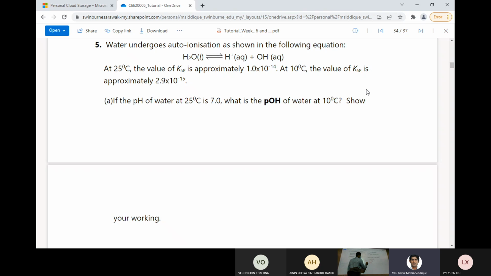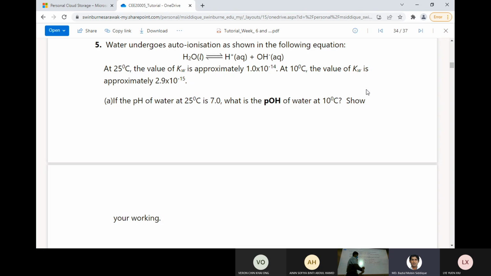So Kw becomes the hydroxyl ion concentration squared. We can also say that hydrogen ion concentration squared. Yeah, both are true. Kw can be hydrogen ion concentration squared. Both are true. But I need hydroxyl ion concentration, that's why I'm going for hydroxyl ion concentration.